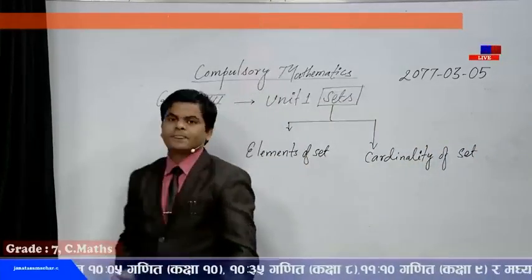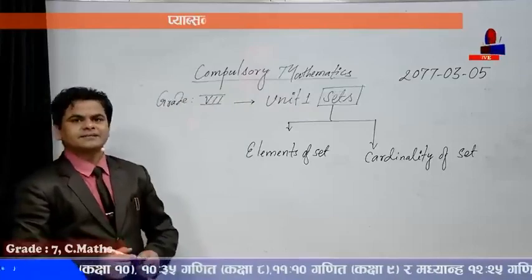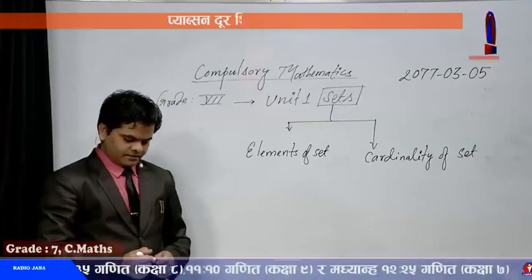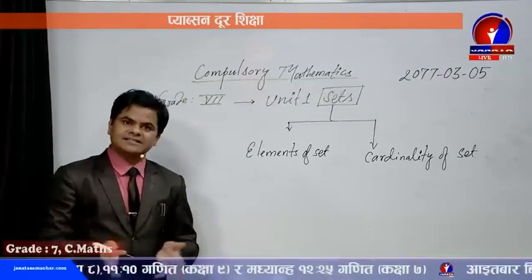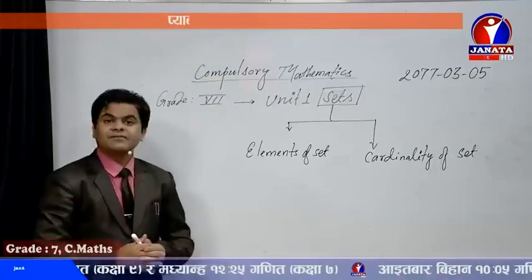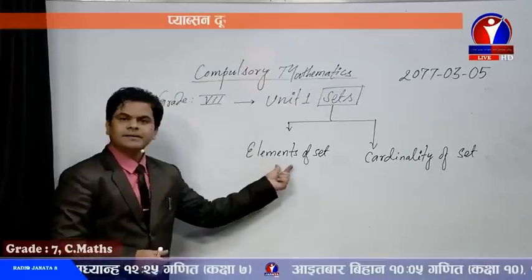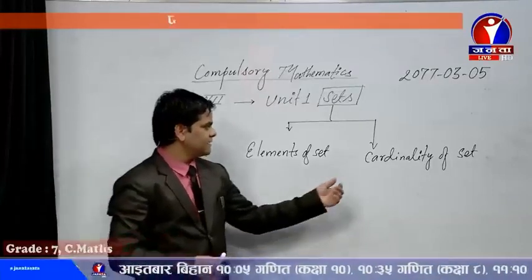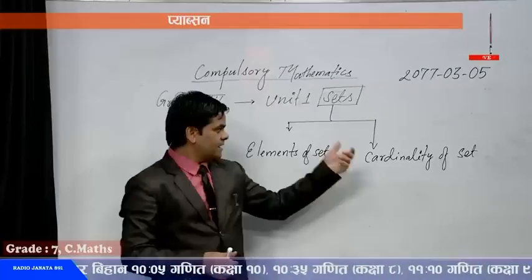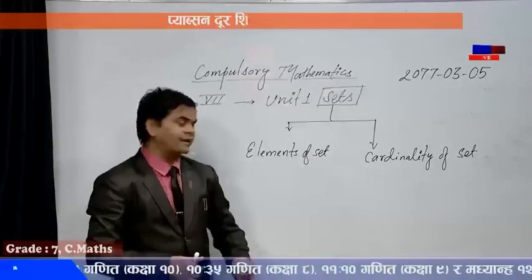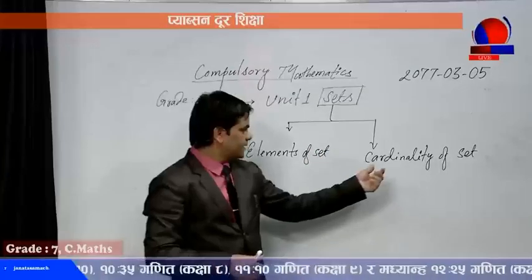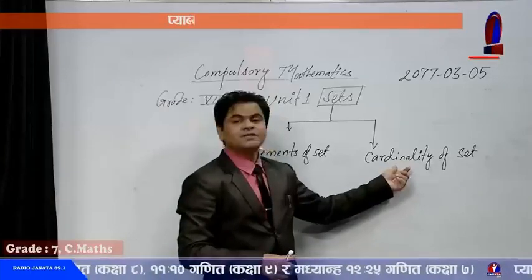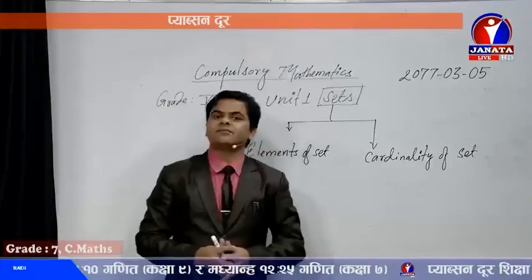Dear students, in the junior classes, I mean in class 6, 7 and even in 8, you will study the elements of set. But when you reach class 8 and then class 9 and so on in the senior classes, you will get the opportunity to study cardinality of set.